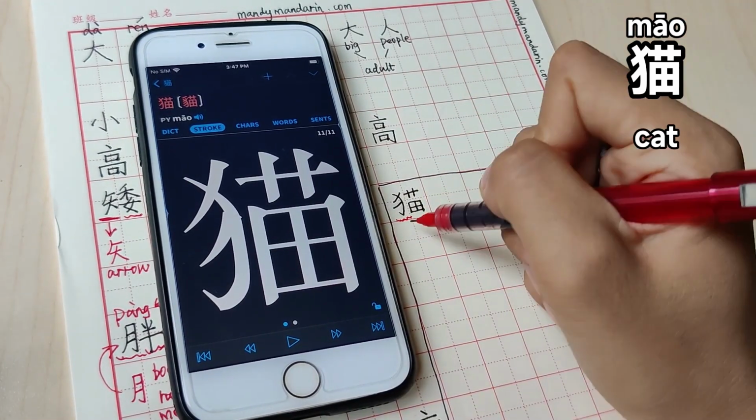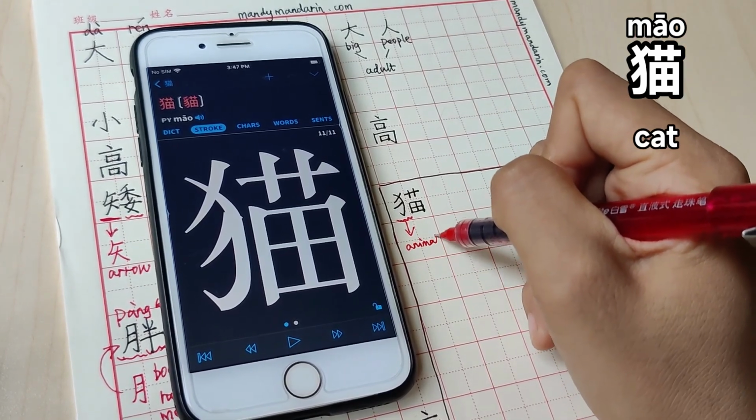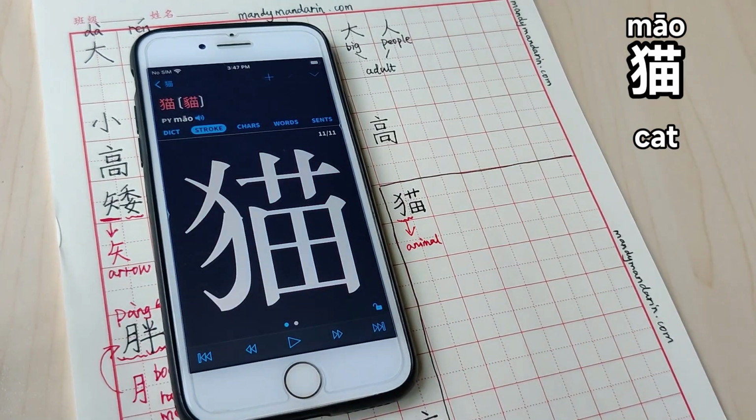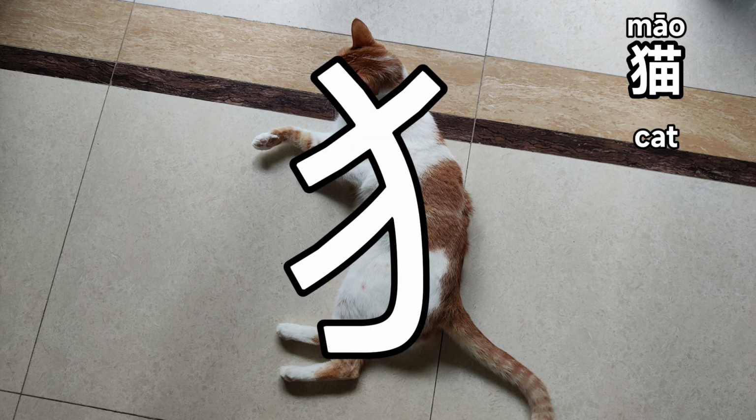On the left part, this is the animal radical. I have a very good example. This is a picture of my cat sleeping on the floor. This is like the animal radical. If you have a dog or a cat, just observe how they sleep on the floor, okay?